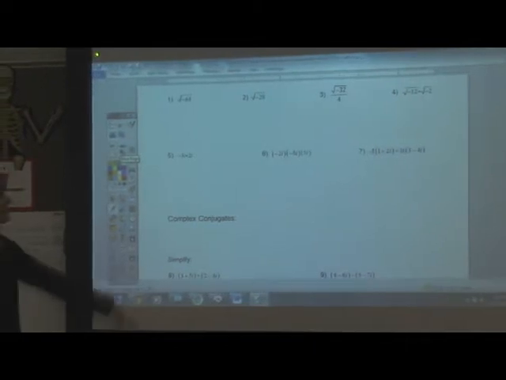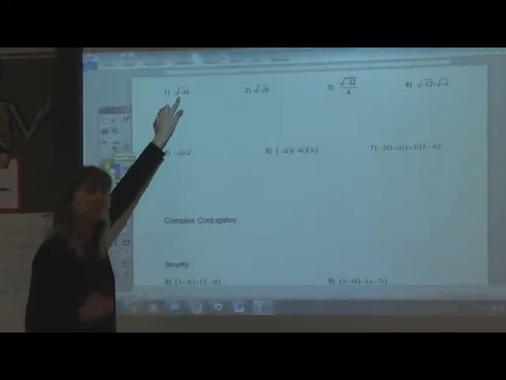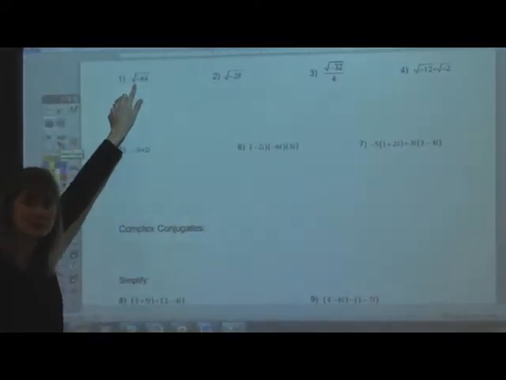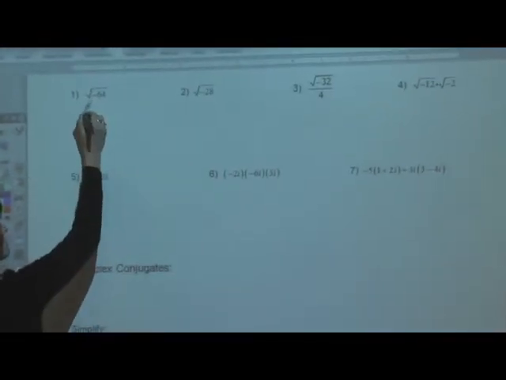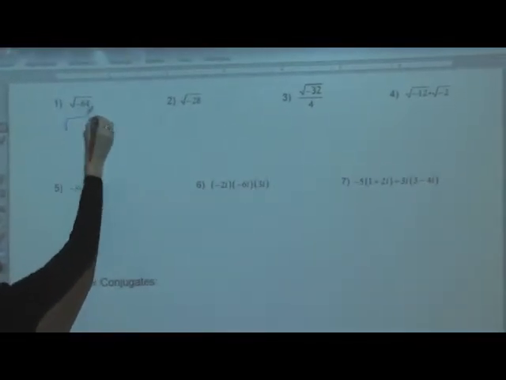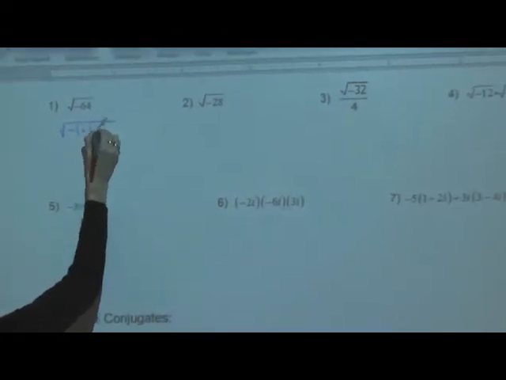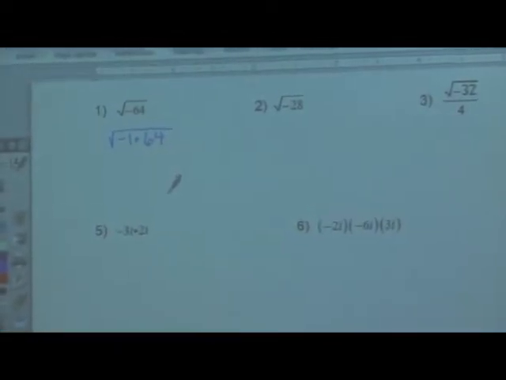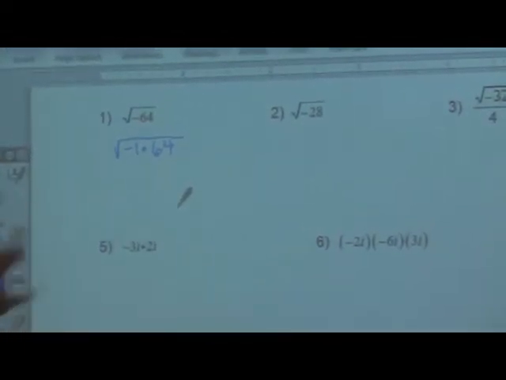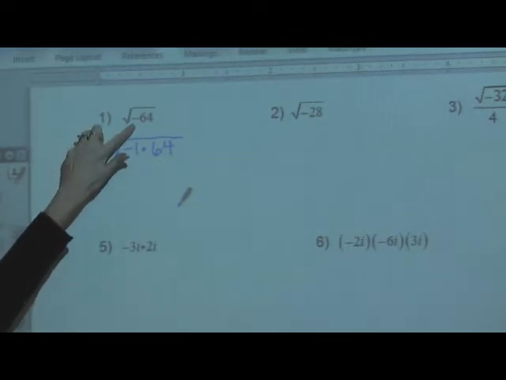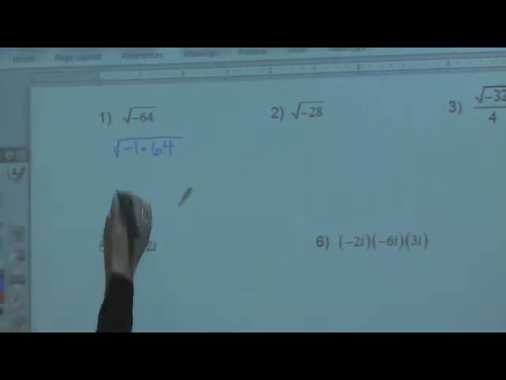Now, when you simplify these things, you've got a negative under here. Up until this point, we haven't been able to work with a negative. So what we're going to do is use that imaginary unit to help us out. Hopefully, you agree that -1 times 64 is equal to the square root of -64.